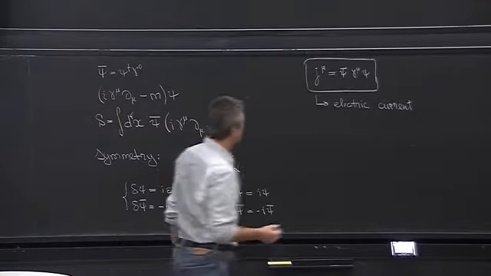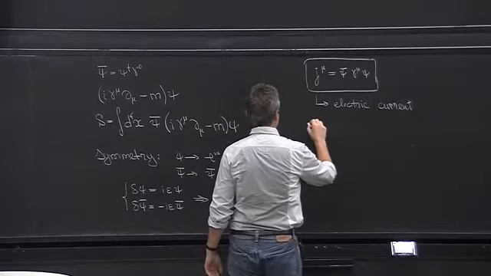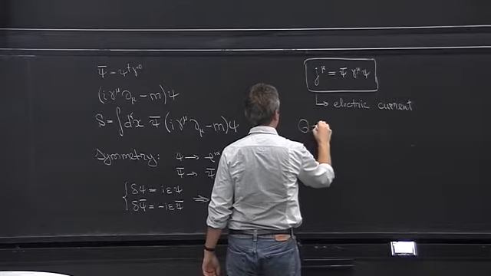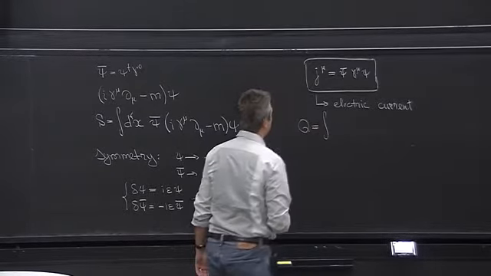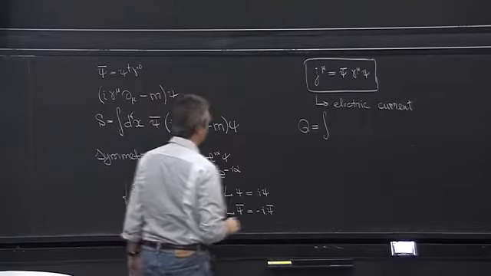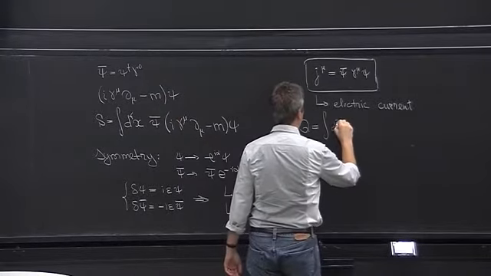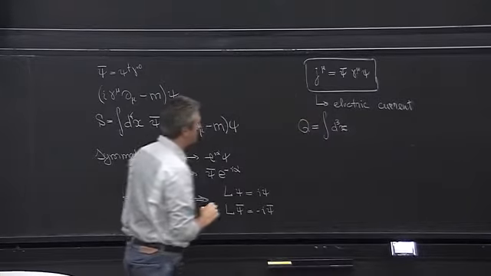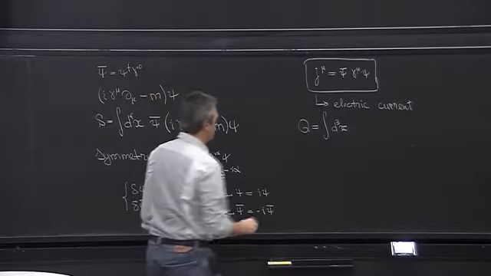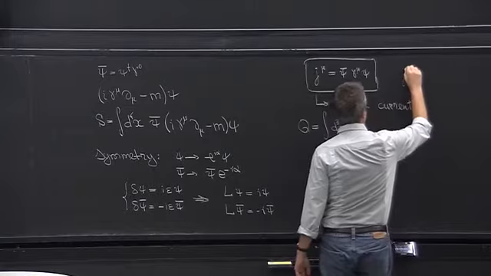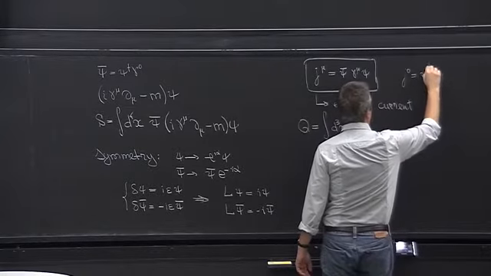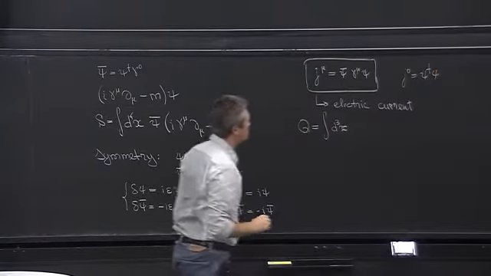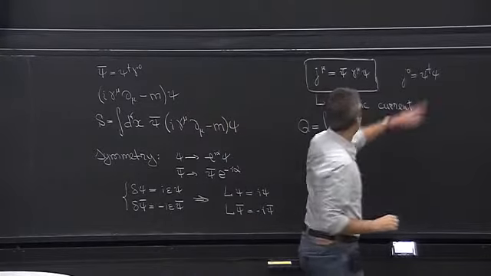So the charge associated with this current is the integral over the three-dimensional space of the zeroth component of this current, which is the charge density. And the charge density, as you can see, is just psi dagger psi.